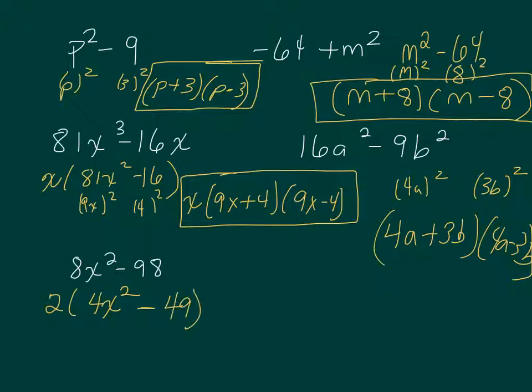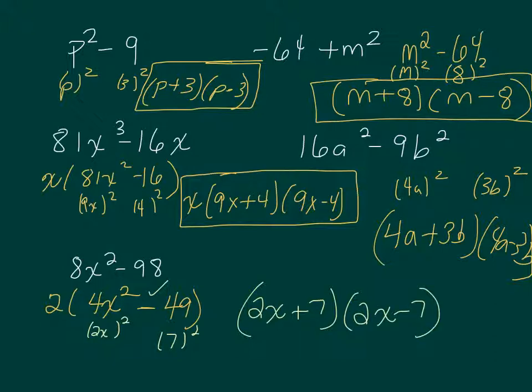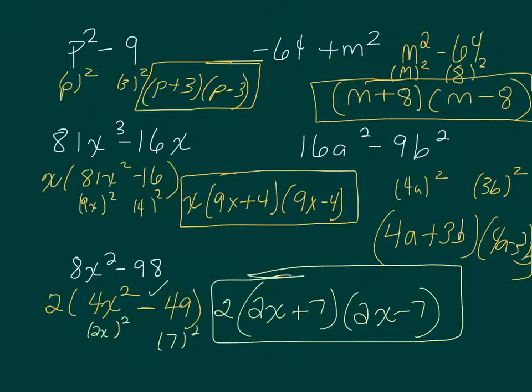So 4x squared minus 49, it's a binomial, so I'm going to check to see if it's a difference of squares. It is a difference. For 4x squared, I have to square 2x to get that, and I have to square 7 to get 49. So this is going to be 2x plus 7, 2x minus 7, but I can't get rid of my 2 there on the outside. So that is the full factored form.